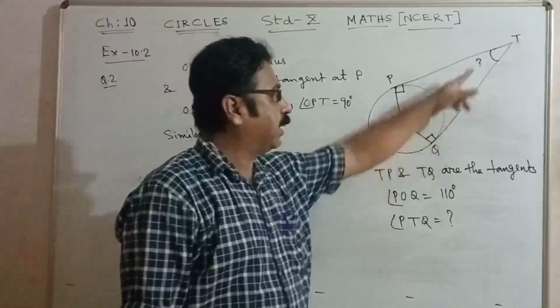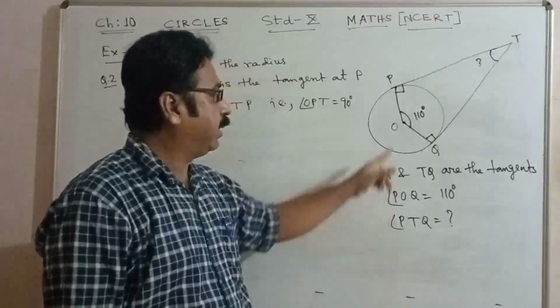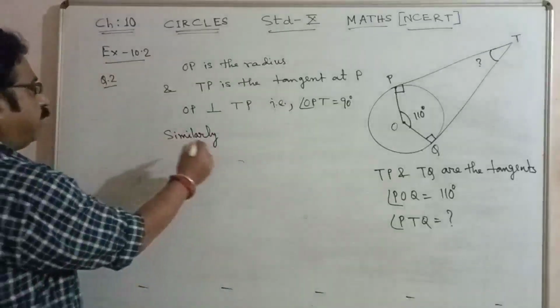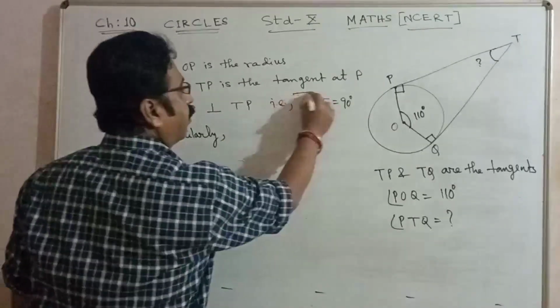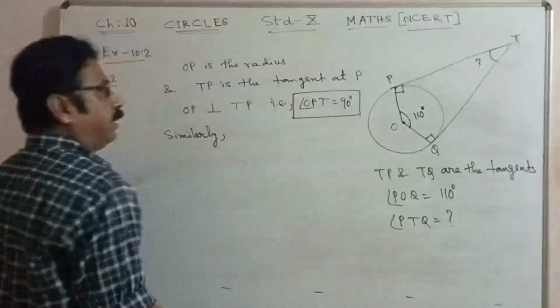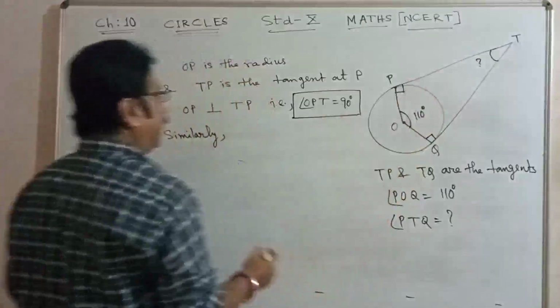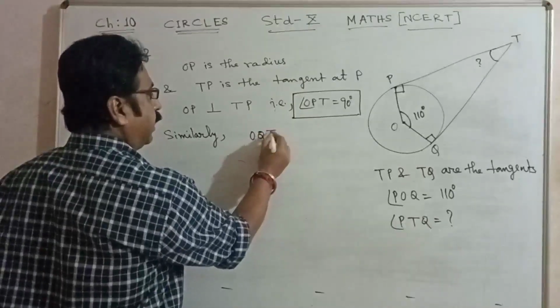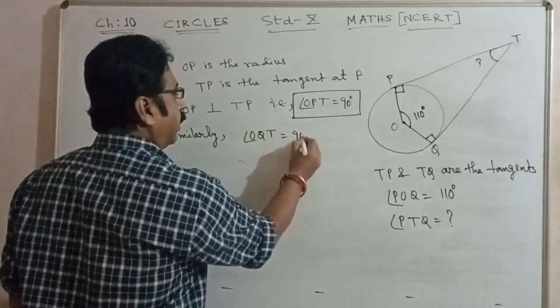So OQ is perpendicular to TQ and OQT is 90 degrees. We got OPT 90 degrees. Similarly, OQT equals 90 degrees.